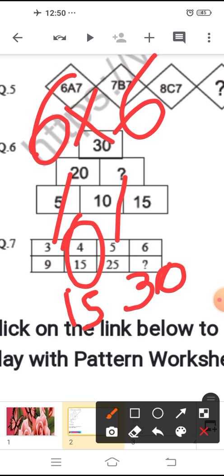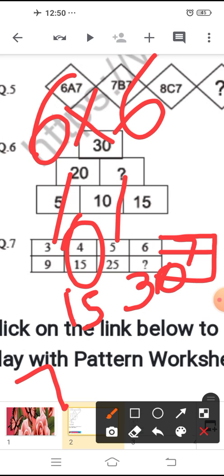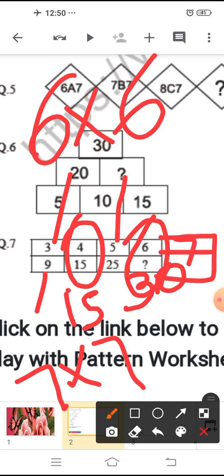But if we are taking the next box, we are moving to the next box. If 7 is written here, then we can take 7 into 7. You can see 3 threes are 9, but they have left one box. Okay, and they did multiplication of one into the other. So like 4 into 3, that will give you 15. So same with this box, we will take multiplication of the first one, means 6 into 5, that will give you 30.